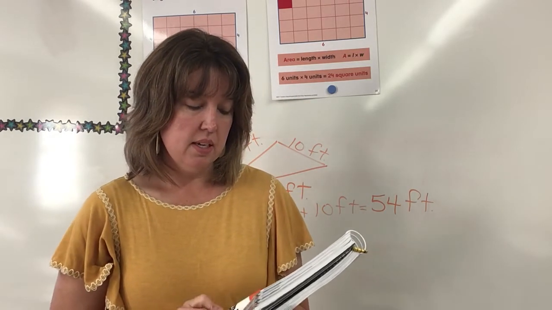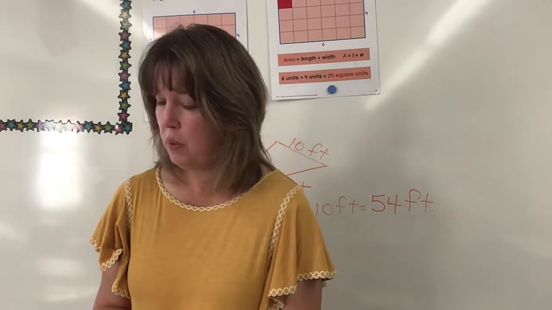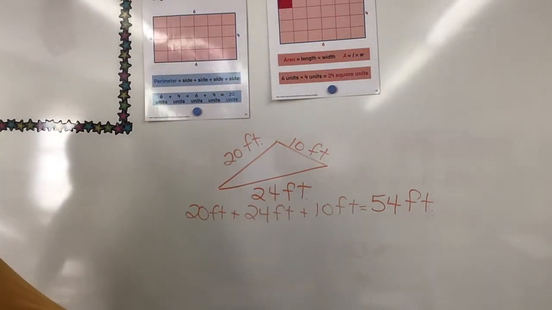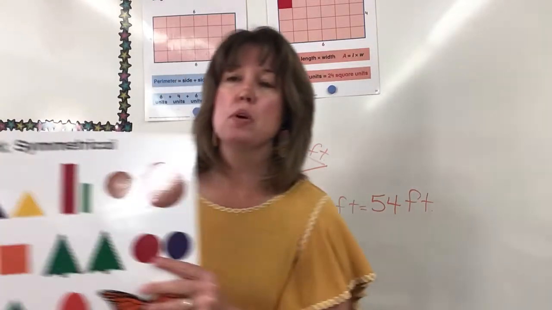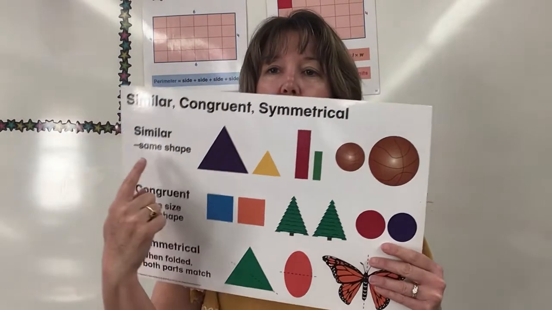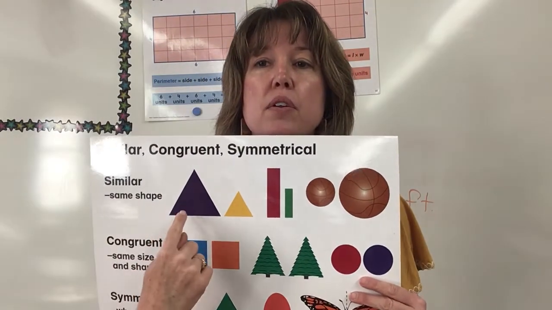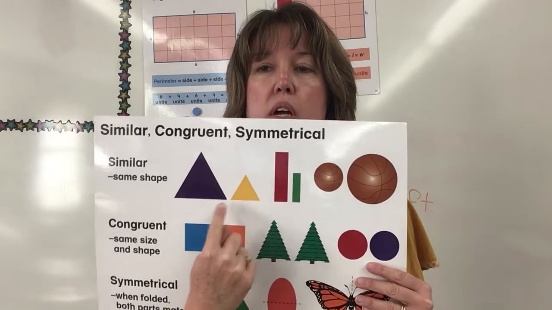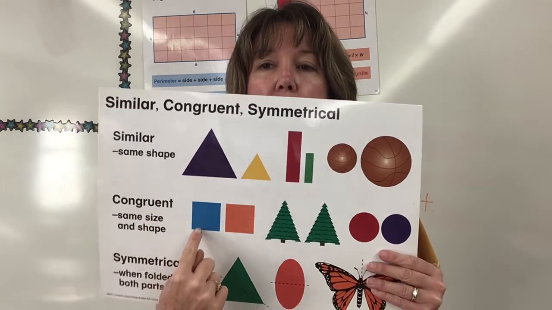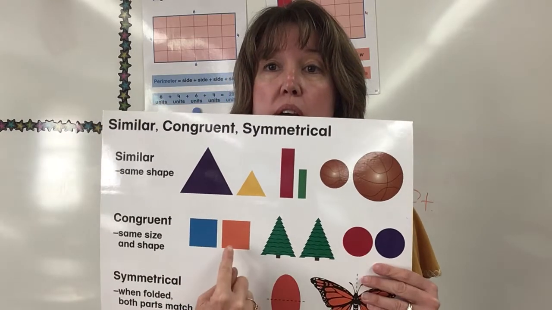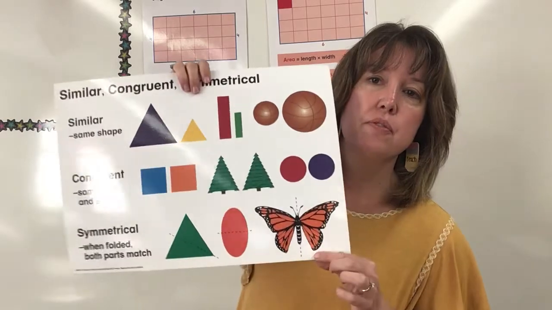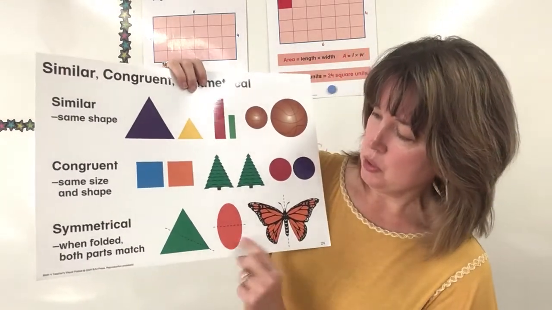Number 10, let's mark whether the objects are congruent, similar, or symmetrical. So remember our poster about similar, they're the same shape, different sizes though. Congruent means they're the same shape and the same size. Symmetrical means you can divide them in half and the parts would match.